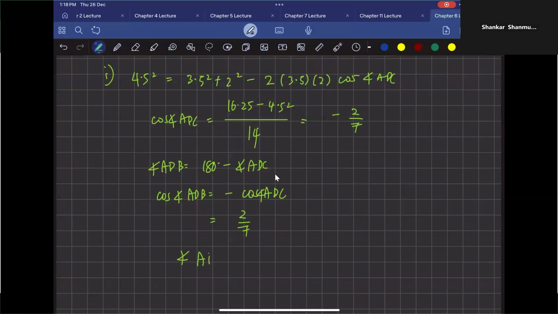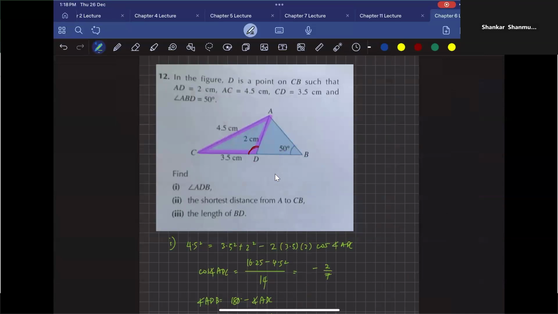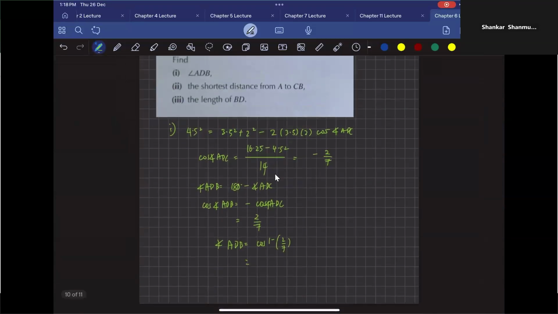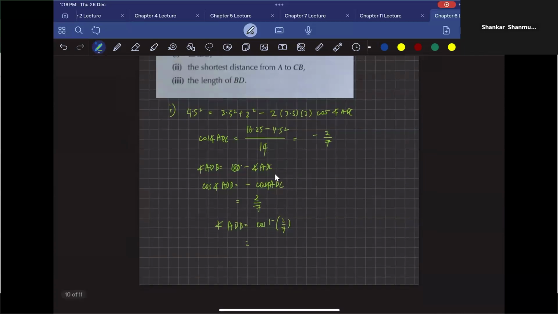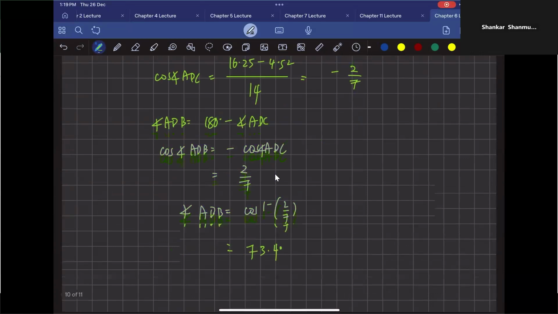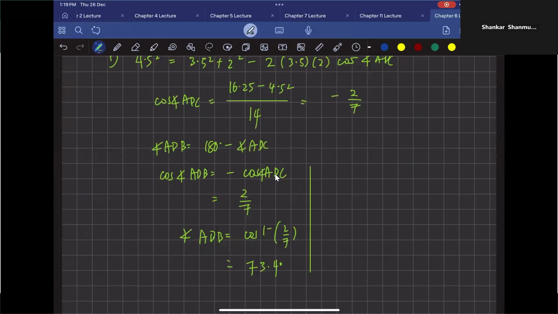Therefore, angle ADB should be 73.4 degrees.